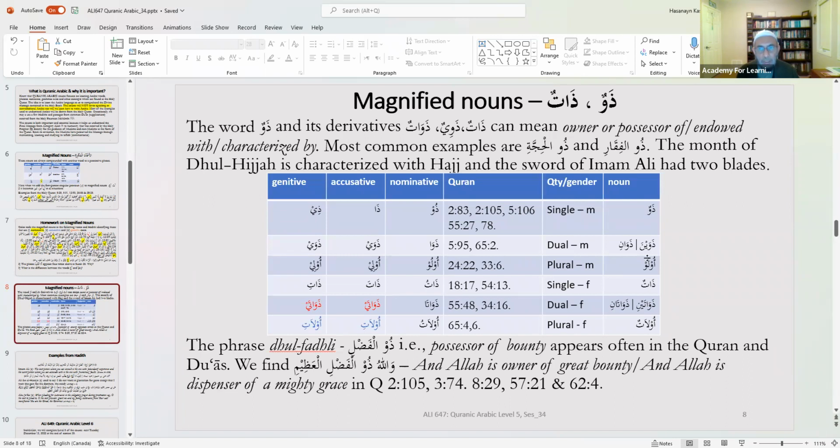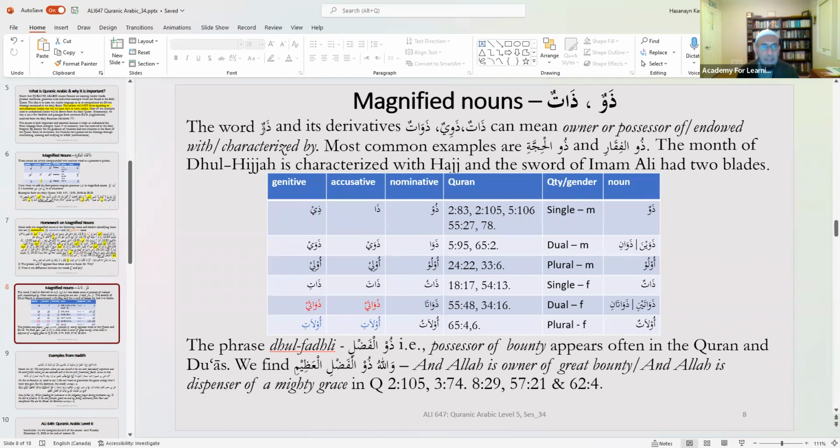Dhawataini or dhawatan is dual feminine, and here it is ulatun. So these are all the words you know, and they appear quite often.